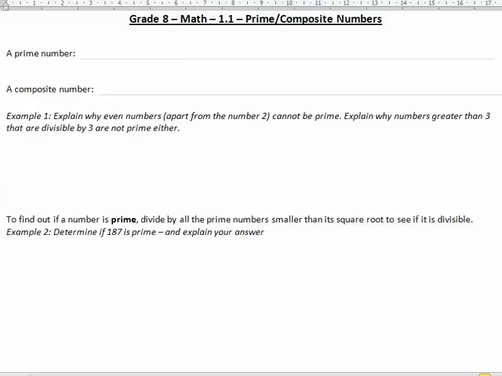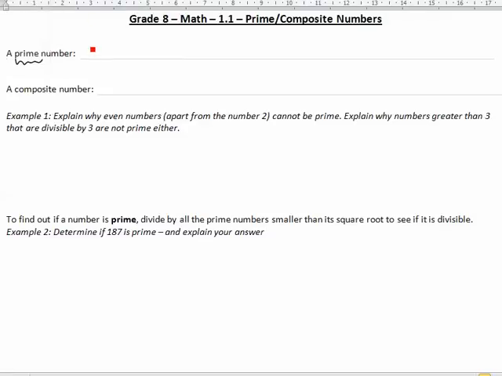A prime number, you may have seen this term before. Prime number really refers to a certain set of numbers where it only has two factors, which means that number can only be divided by itself and 1. So there are no other factors except itself and 1.